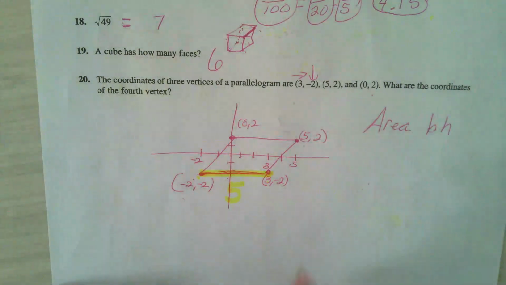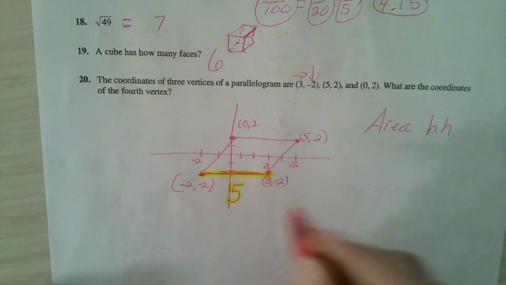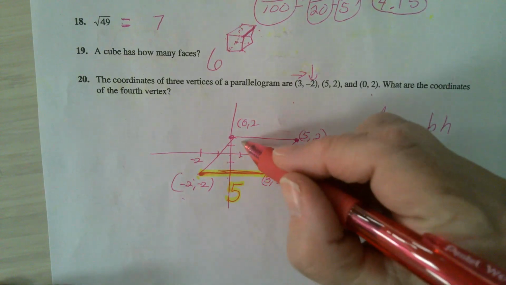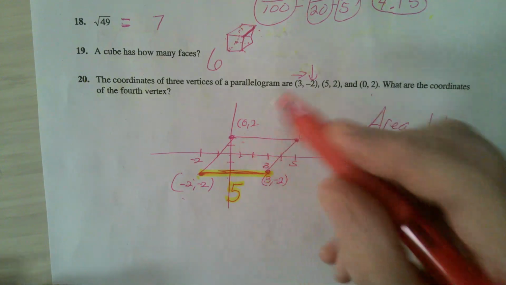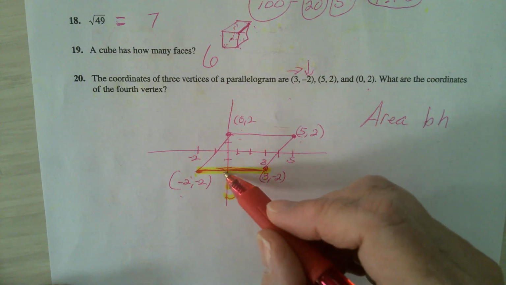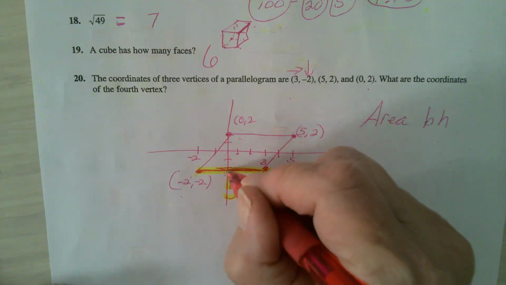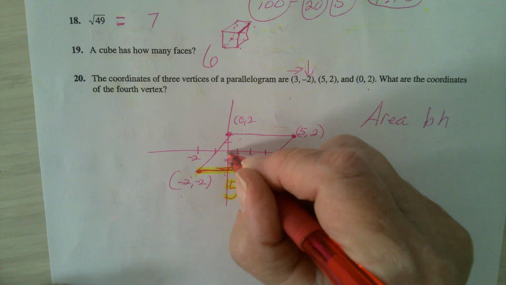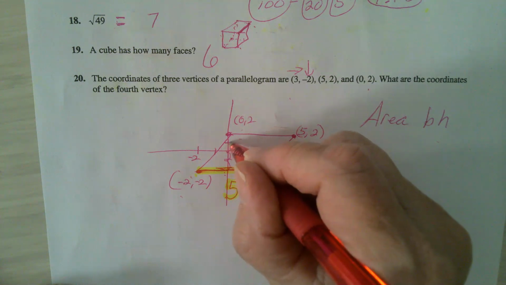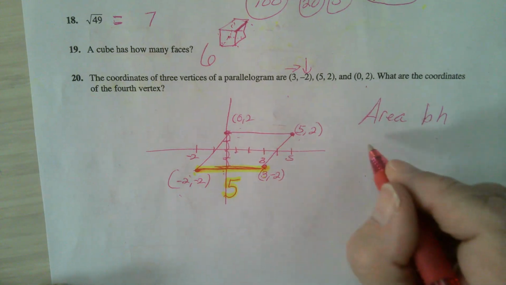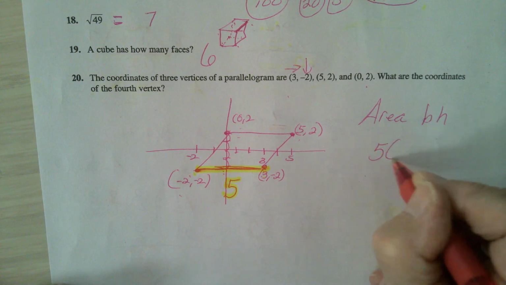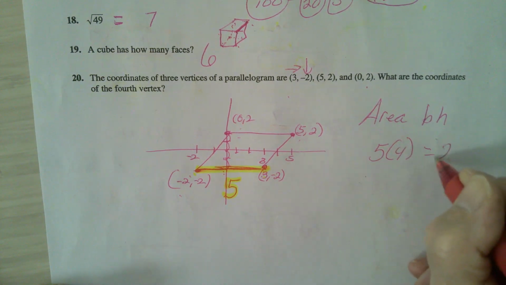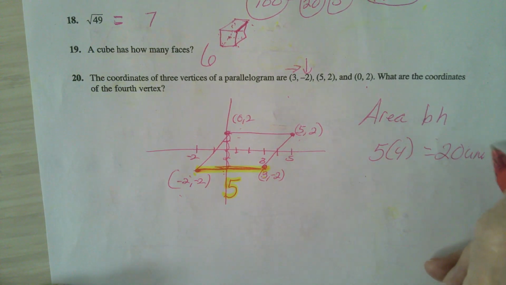That's a 5. Then the height. The height is the distance from here to here. How far is it from here to here? Well, the height is 1, 2, 3, 4. So to find the area, it's going to be 5 times 4, which equals 20 units squared.